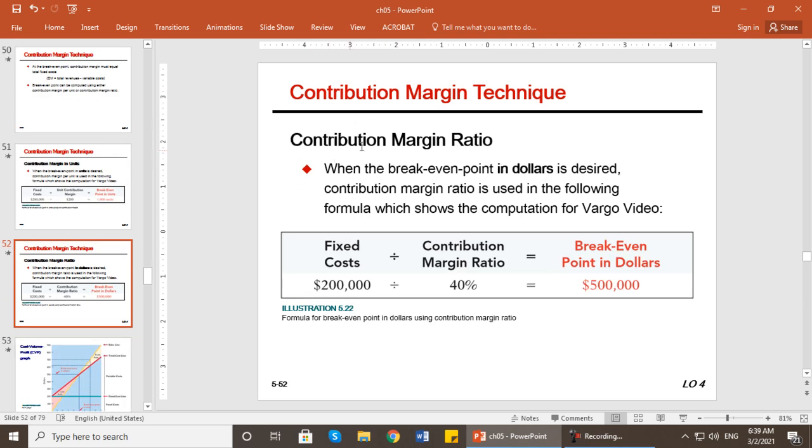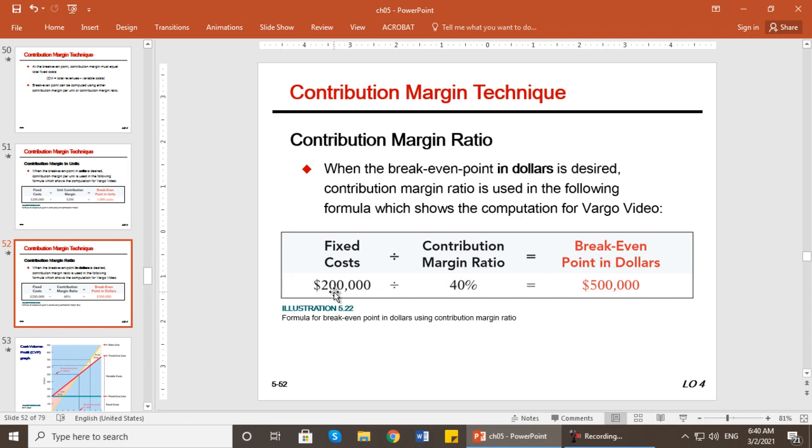Now, contribution margin ratio. When the break-even point in dollars is desired, we divide by the contribution margin ratio. Contribution margin ratio is used in the following formula: fixed cost divided by contribution margin ratio equals break-even point in dollars.